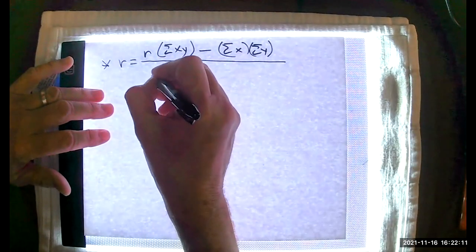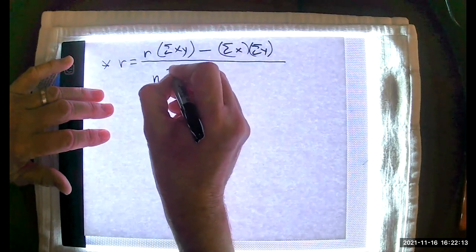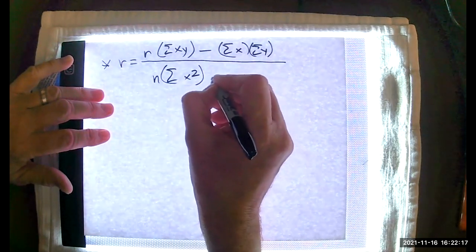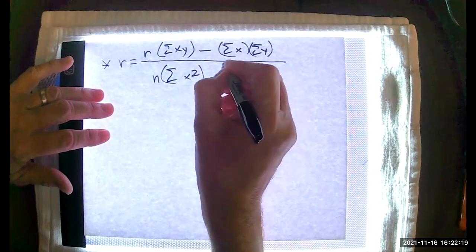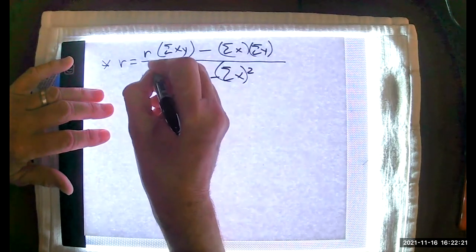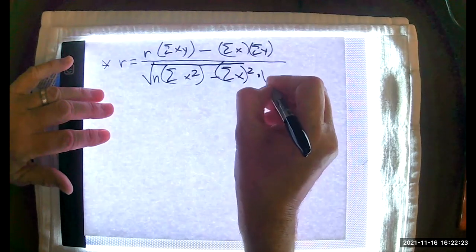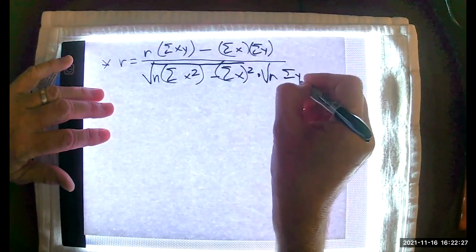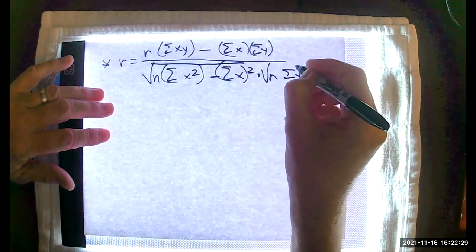And then downstairs we'll have n times the sum of the squares of the x's minus the sum of the x's squared. That's all in a radical. Oh my God. And there's another radical downstairs also. Play the same game with the y's.